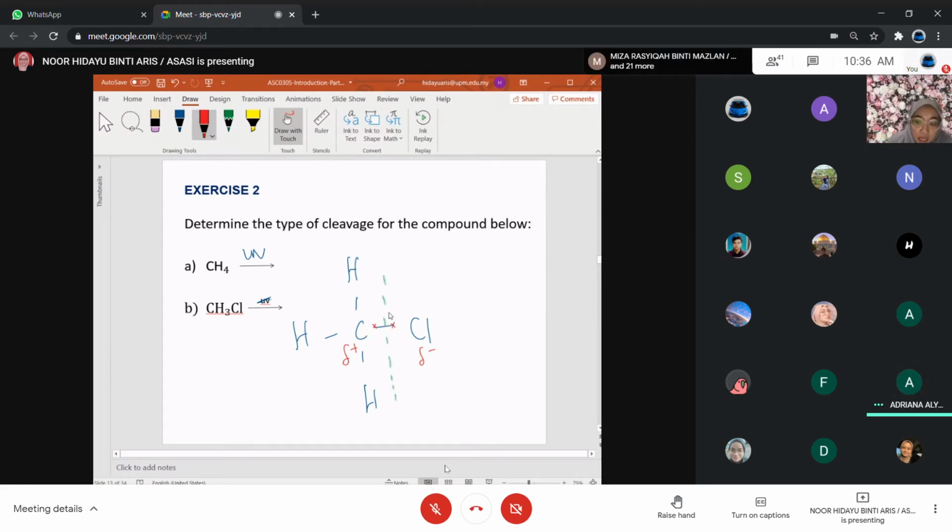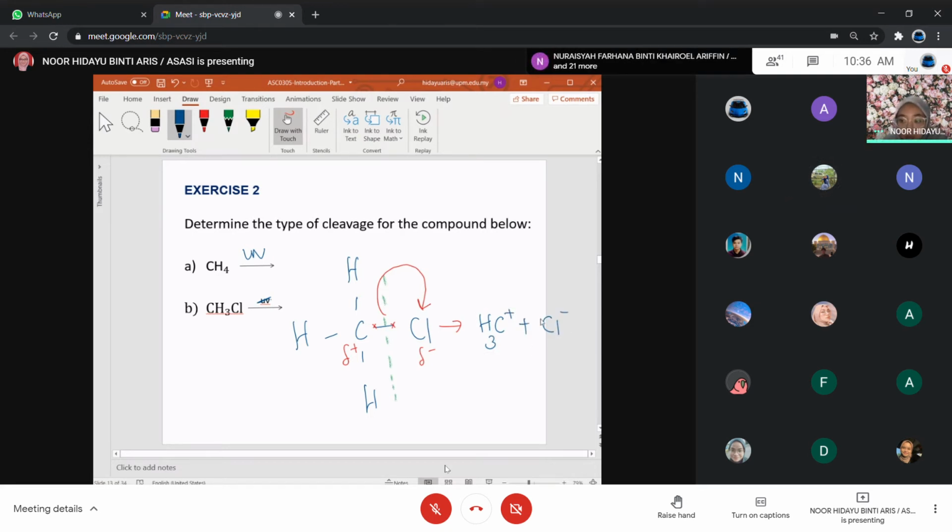Cl. Full headed arrow, half headed arrow? Full headed. Okay. Perlukan UV tak? Tidak perlu. Okay, so what is the form? CH3 plus, Cl minus.